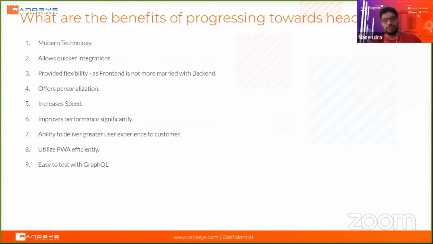So you can assume that if the complete page is not loading, then definitely it is going to enhance the speed. It is going to increase the customer experience. Customer will feel that yeah, the website is really very fast. So speed is really a major concern. And as we know, if the speed is reduced by 1 second, we can lose a number of customers. So speed is a very important thing.